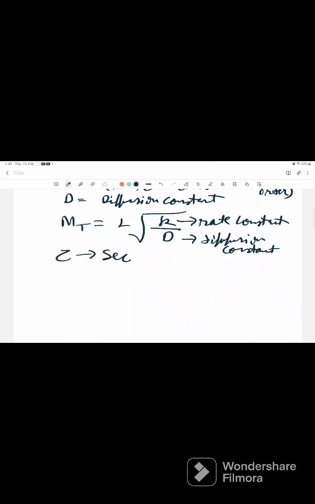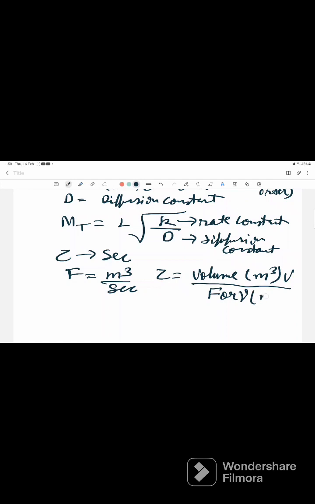Tau is in seconds. F, flow rate, is in meter cube per second. Tau is equal to volume, meter cube, denoted by V, upon F, or V meter cube per second.